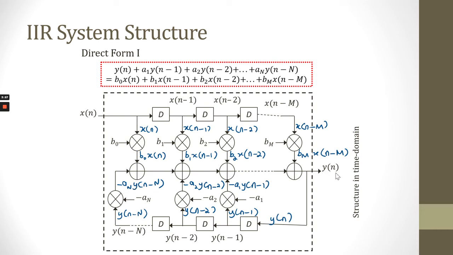To read this equation: y[n] equals b0 x[n] plus b1 x[n-1] plus b2 x[n-2] and so on up to bM x[n-M], minus a1 y[n-1] minus a2 y[n-2] and so on up to minus aN y[n-N], or you can rearrange it in this format.